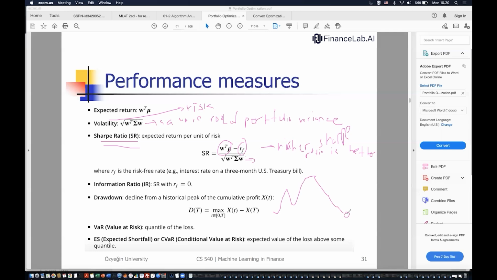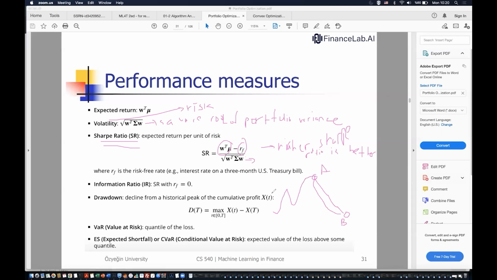For this point, the drawdown is the return with respect to point A and point B. For point B, drawdown is defined with respect to point A. It's a measure that shows how much we have lost from the peak of the market.